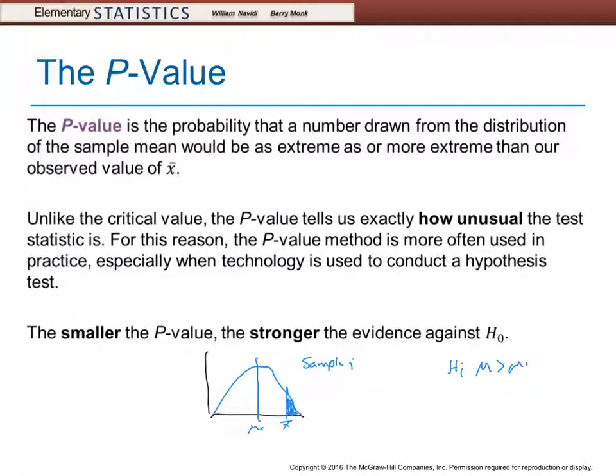So when H1 is mu greater than mu naught, we're looking at this area. This area is called the p-value area. And we can also look at when H1 is mu less than mu naught, on the other side of mu naught. And we can also look at the case where H1 is mu different than mu naught.